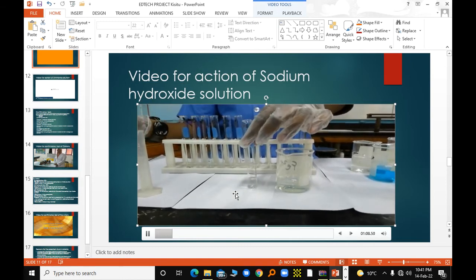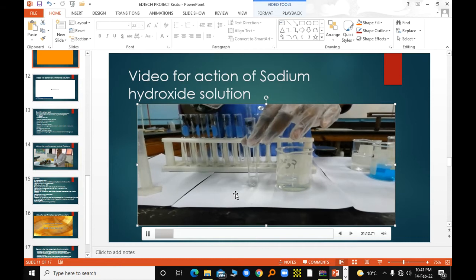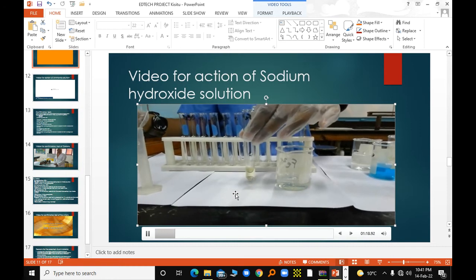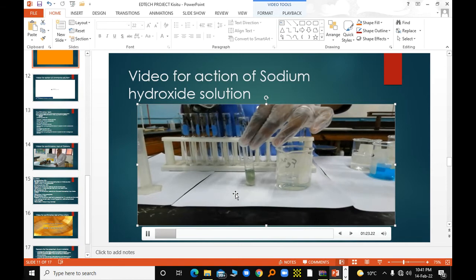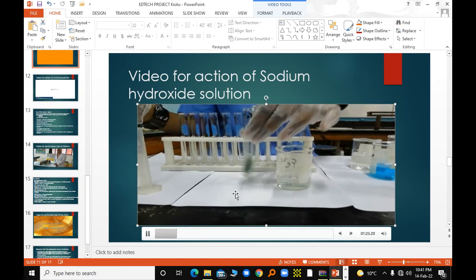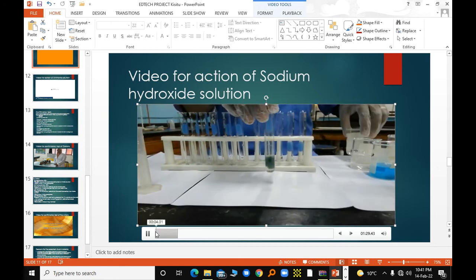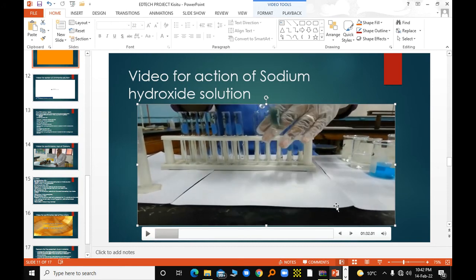Remember, it's pale green. I'm now going to add sodium hydroxide solution to it. Mix it thoroughly. And we've seen the formation of an olive green precipitate.